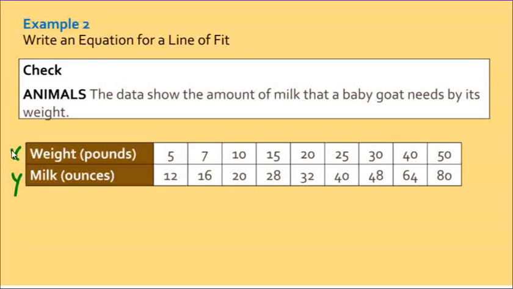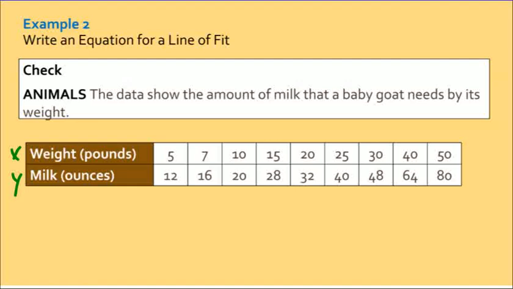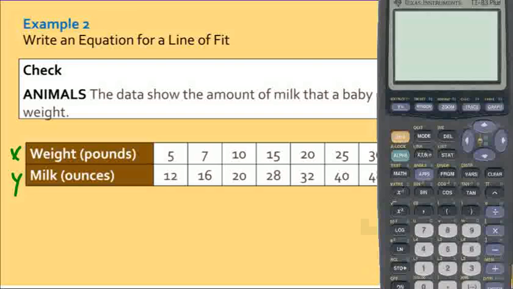So what we need to do is use the data, and what we're doing is we created a scatter plot with that one. And very quickly, I'm going to show you how to do that with your calculator, because using your graphing calculator with a scatter plot will make this a lot easier.